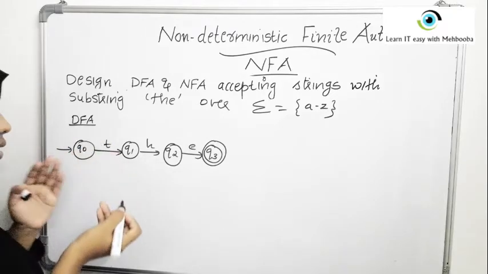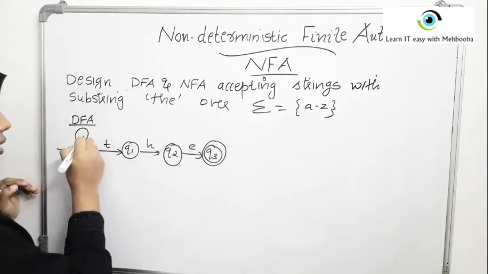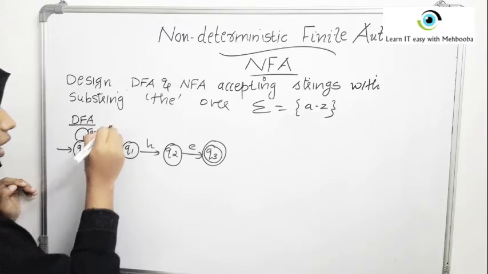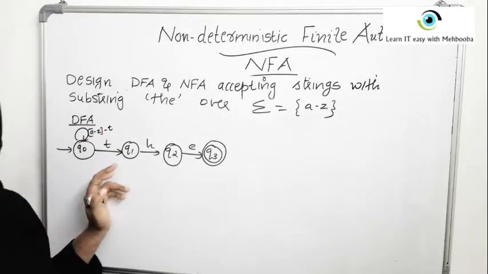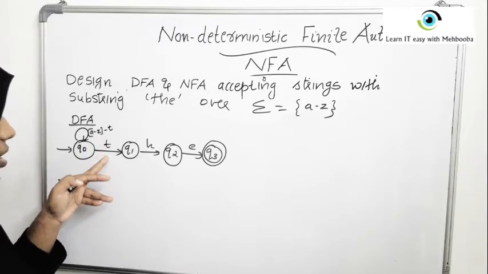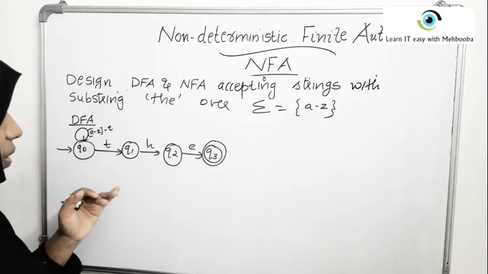Whatever is coming that is other than T, you can just stay here, no issues. That is A to Z minus T. So you have addressed what if T comes at this point or what if anything other than T comes at this point.